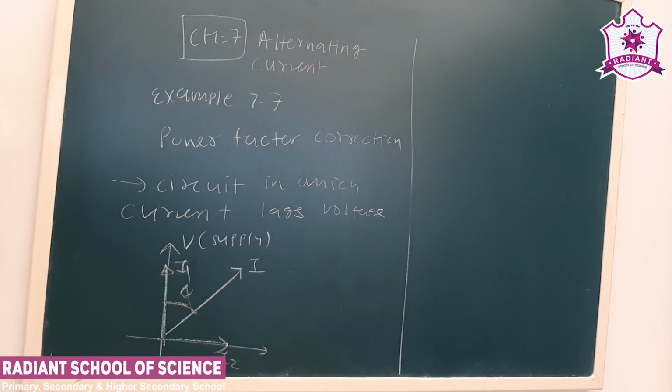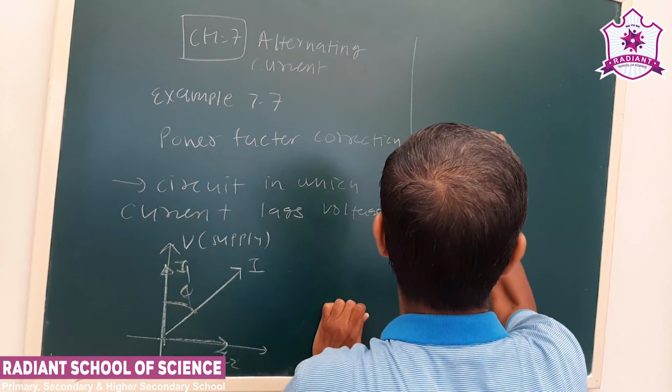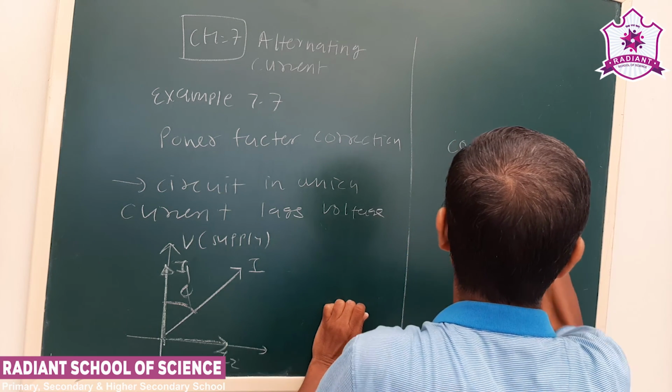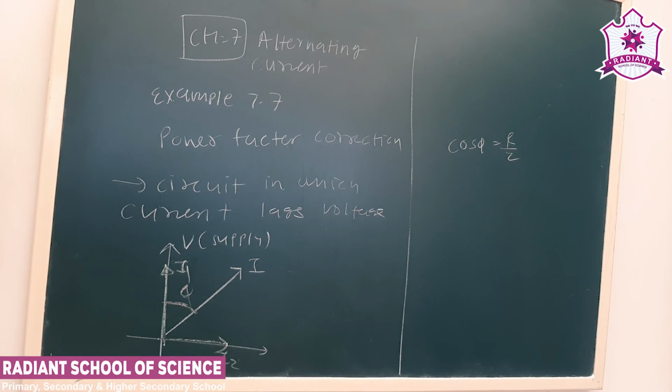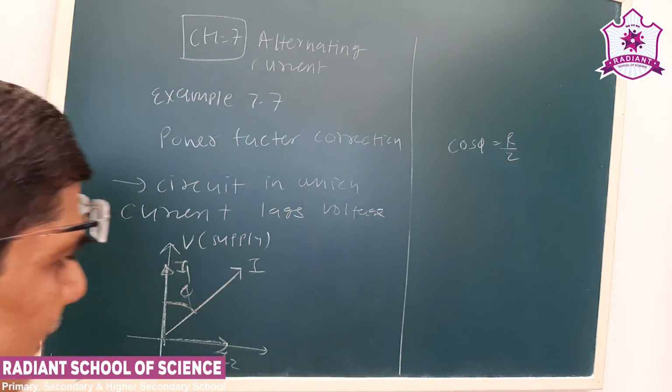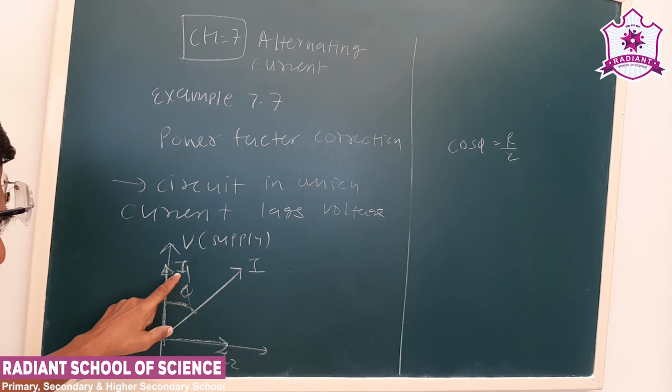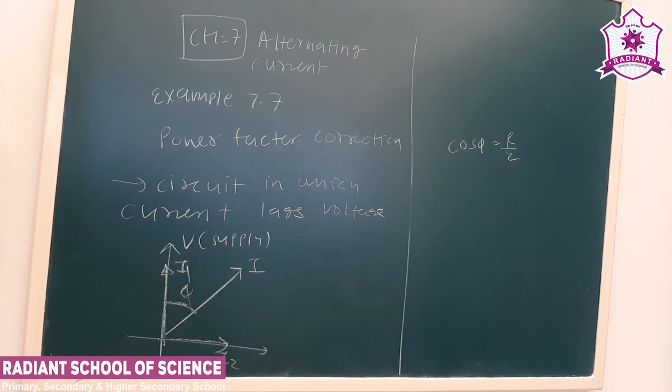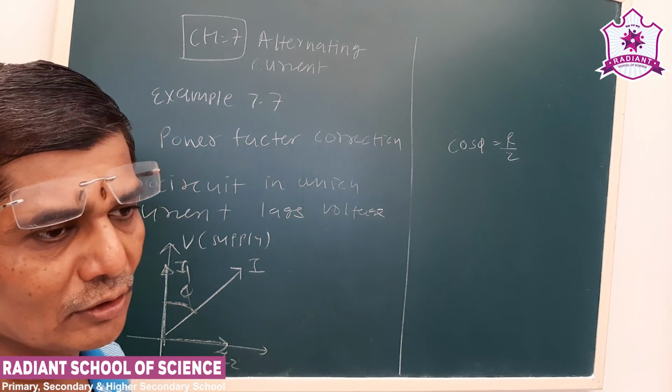Now to improve the power factor, cos phi is R by Z. When cos phi becomes maximum, Z is equal to R. I1 is in the direction of the supply voltage, I2 is perpendicular to this.